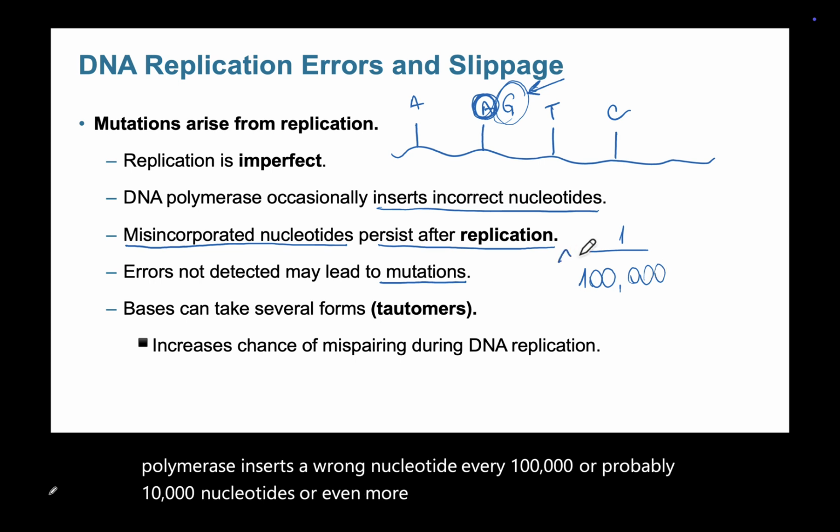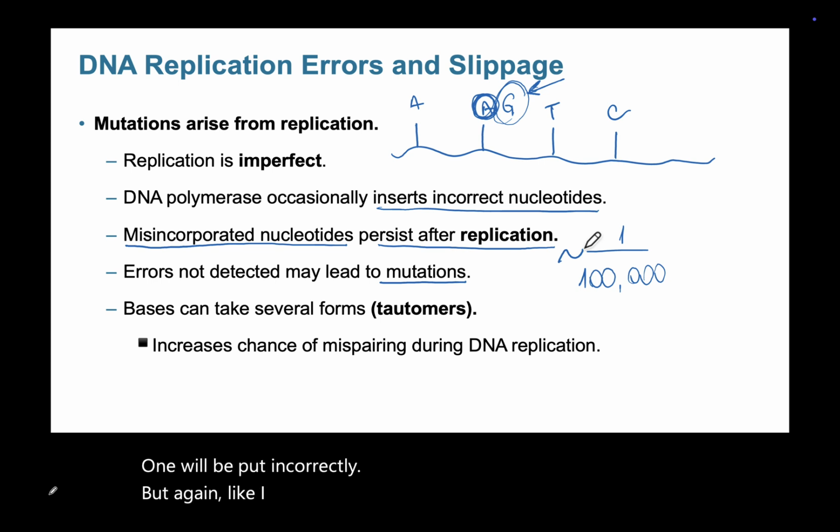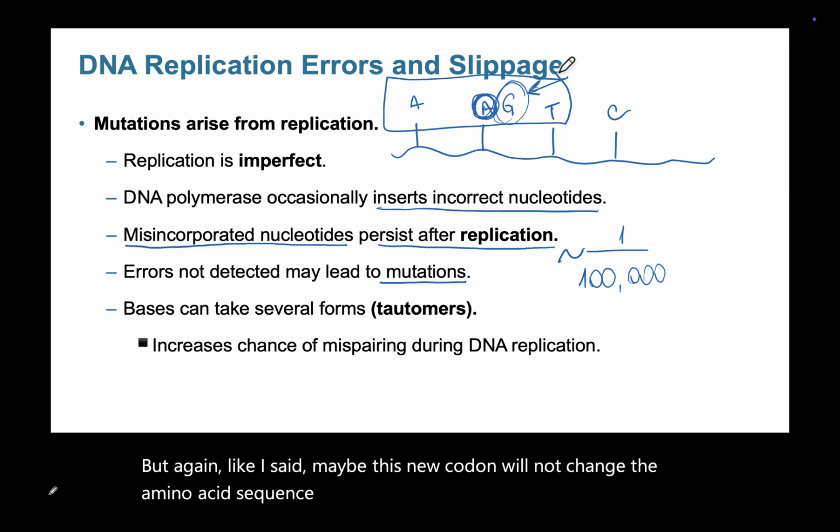So it is about, for every 100,000 nucleotides that it puts correctly, one will be put incorrectly. But again, like I said, maybe this new codon will not change the amino acid sequence. So that mutation will not actually cause a difference in the phenotype.